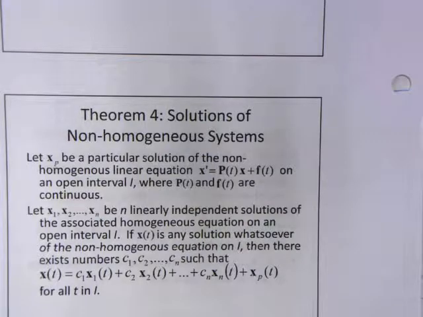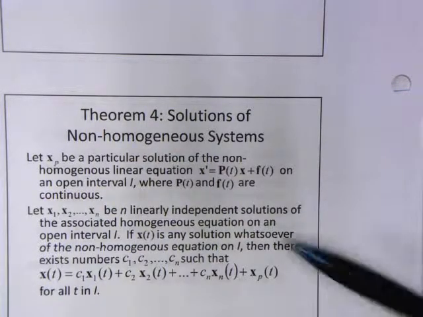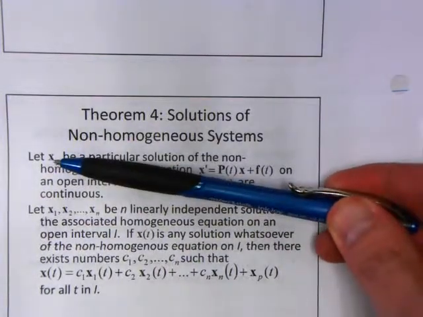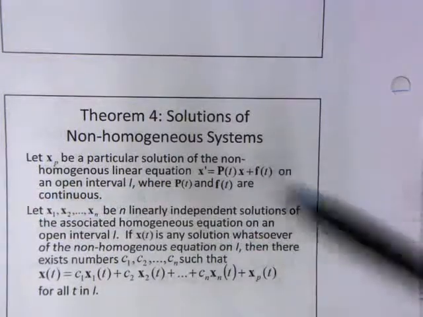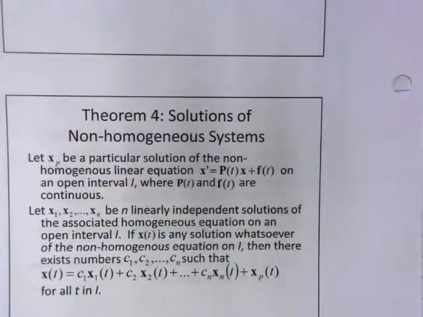You have to find the particular and you have to find the complementary, and then you add them together. Same thing works with non-homogeneous systems. To solve a non-homogeneous system, you have to find the particular solution, you have to find the linearly independent complementary solutions, and then you add them all together.